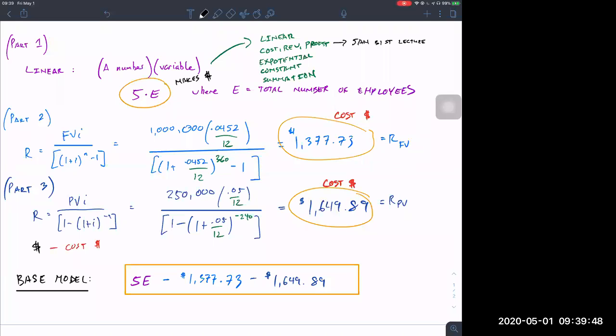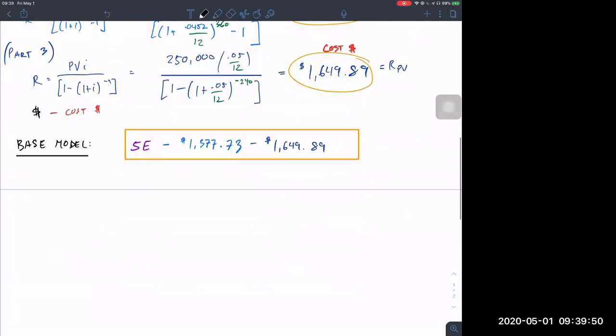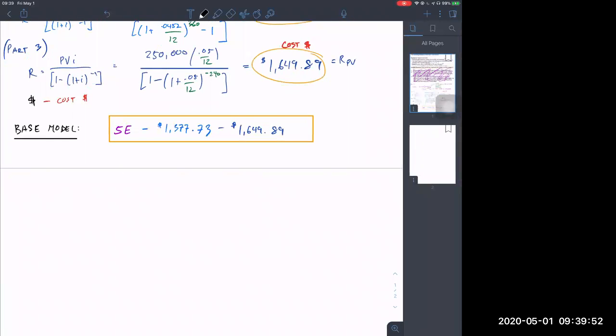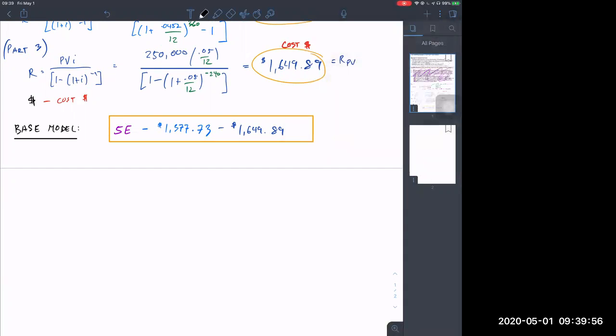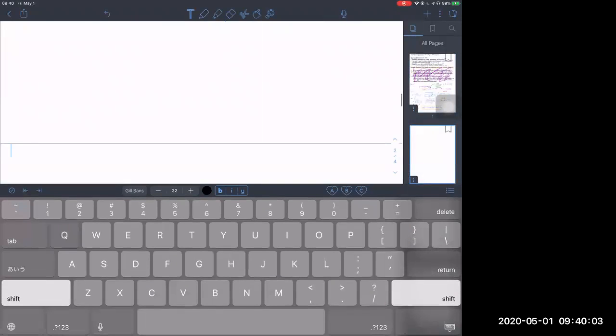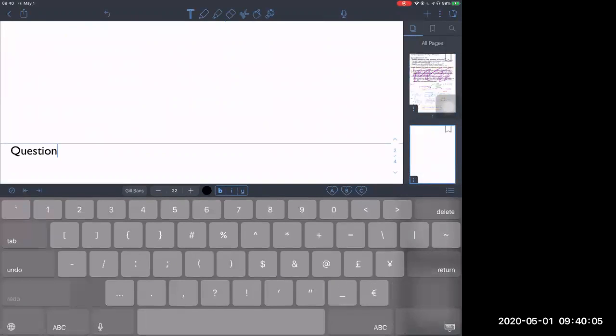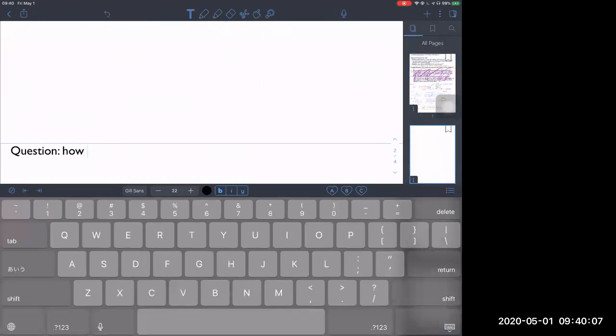So I'm going to make a third page right now because the second page is going to be answering the questions here. So my question to you was, how do we identify a cost revenue profit problem?